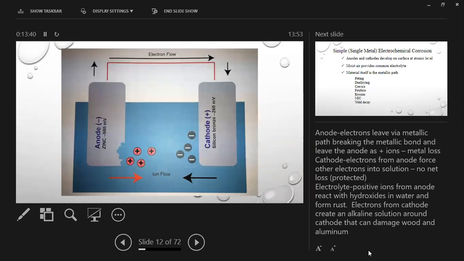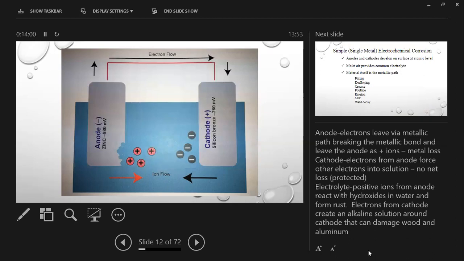The electrons that are coming into the cathode via the wire metallic path are pushing other electrons out into the electrolyte. The important part there is there's no net change in charge or particles in the cathode.